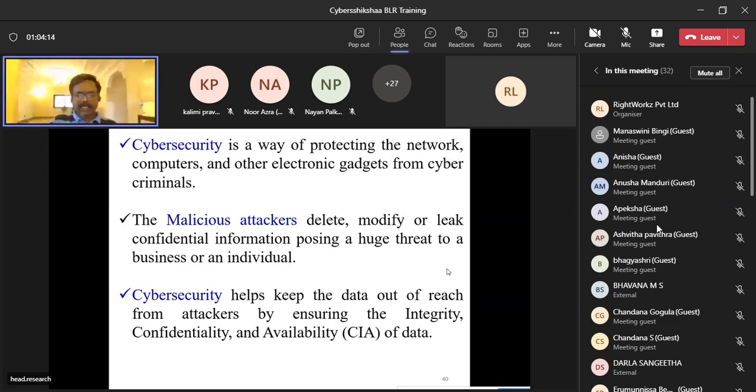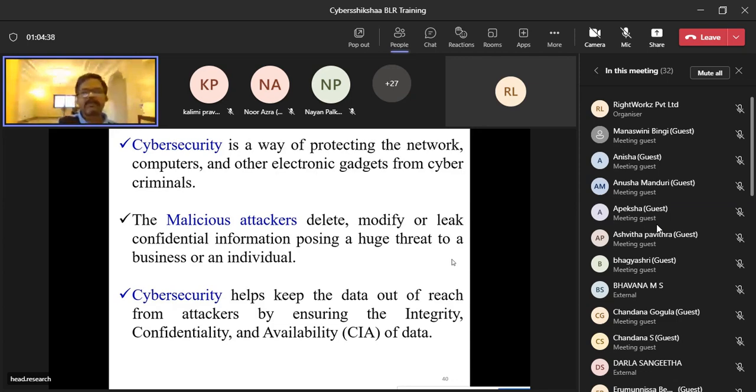Malicious attackers can delete data, modify data, and leak confidential information, posing a huge threat to a business or an individual.